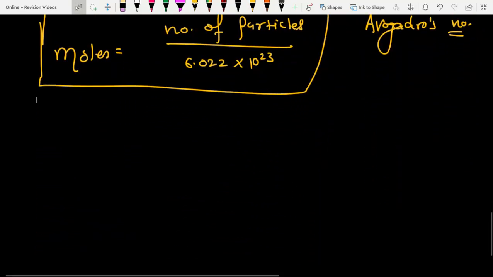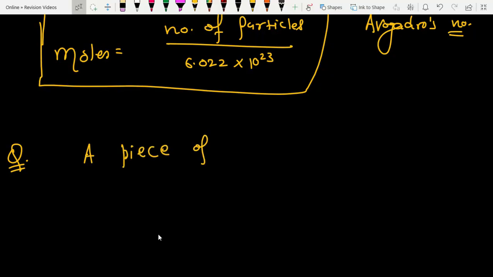Again, we can try and solve one more problem based on this. The question is: a piece of copper contains 6.022 into 10 to the power 24 particles.